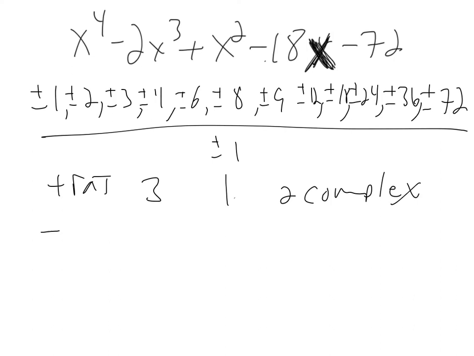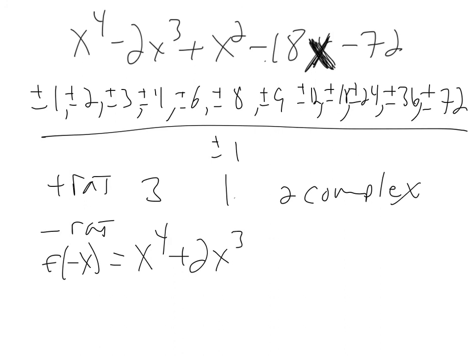Then to check out the negative rational roots, we're going to find f of negative x. If I raise negative x to the 4th power, that doesn't change signs. If I raise negative x to the 3rd power, that stays negative x cubed, and that changes that 2 to positive, so 2x cubed.